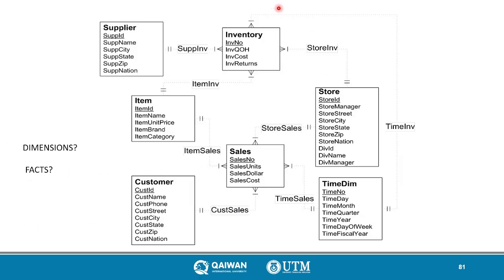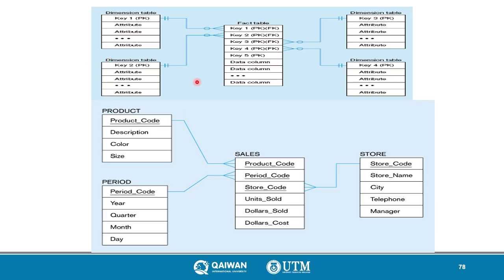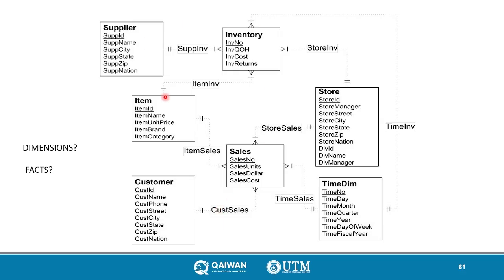Now, you see we would have more facts in here or more table. Now, for example, we said that these are the dimension table and this one is the fact table and this is a dimension table. But when we have like this, we would have, for example, this is a fact table and this is a fact table too.